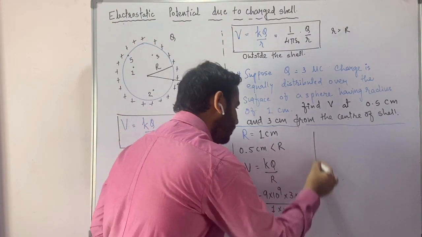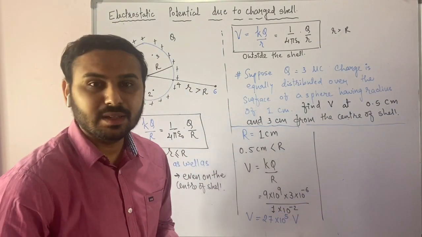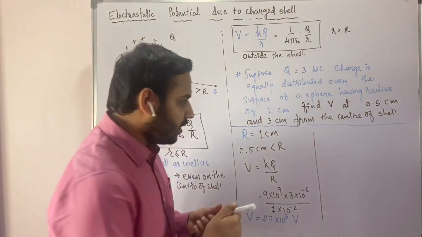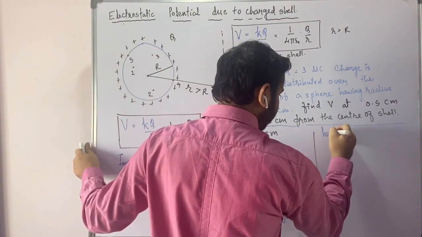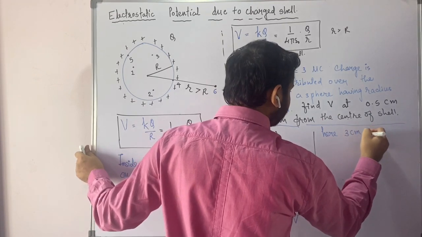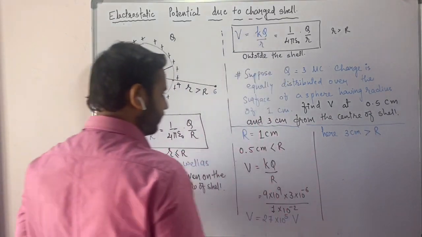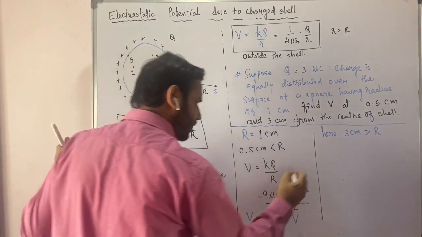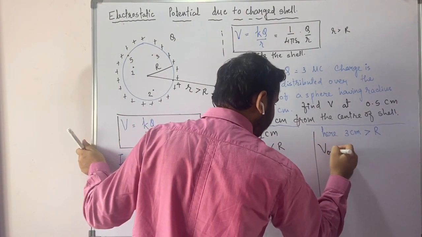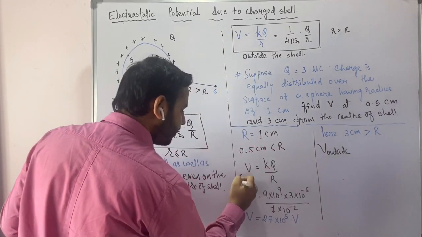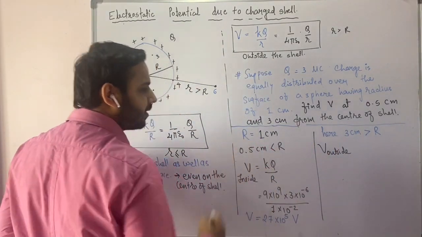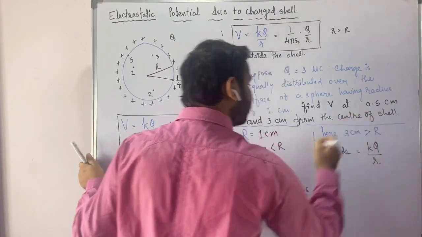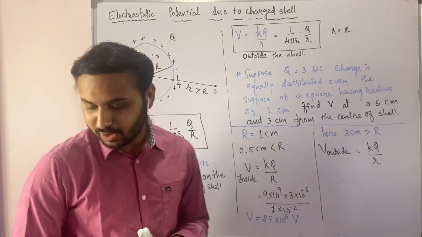Now, at 3 centimeter, I need to find electrostatic potential. 3 centimeter is greater than capital R, because your capital R is 1 centimeter. So electrostatic potential outside, this was inside, outside is KQ upon small r. Here, what is small r?